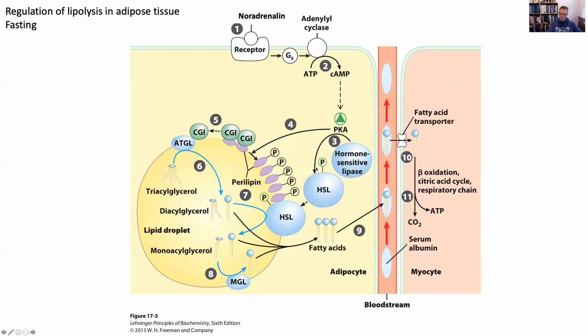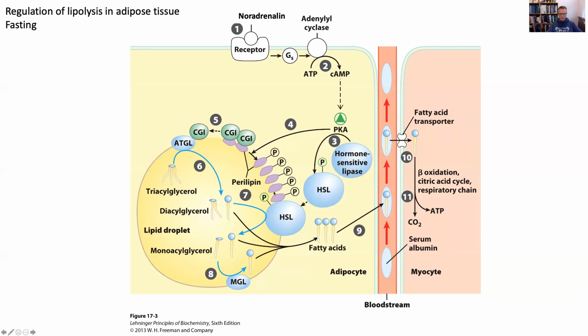So once this enzyme has been phosphorylated by PKA, it will try to get access to the lipid droplet where all the triglycerides are stored. But it can only access the lipids after another protein has been phosphorylated by protein kinase A, and this protein is known as perilipin.